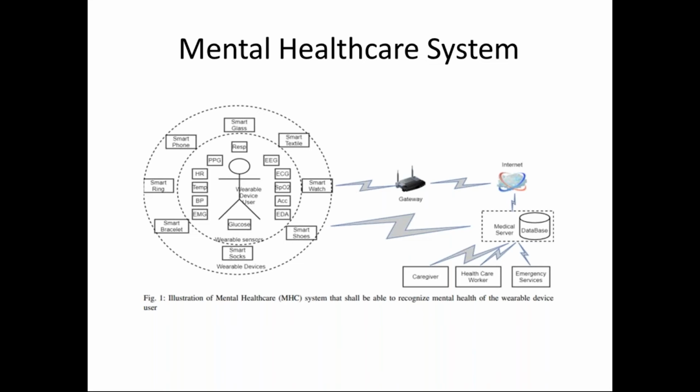For example, ECG, SpO2, accelerometer, electrodermal sensor, glucose monitoring sensor, EMG, blood pressure, temperature, heart rate, PPG, respiratory, etc. These sensors are built upon various devices such as smart glass, smart textile, smart watch, smart shoes, smart socks, smart bracelet, smart ring, and the most common, smartphone.